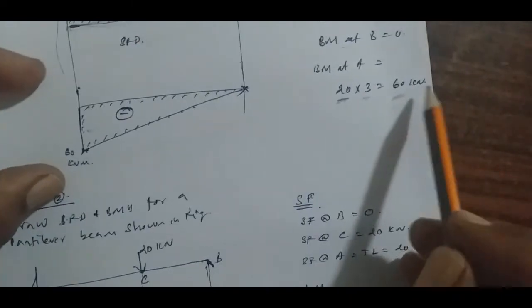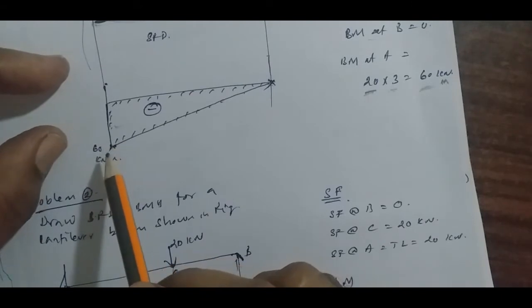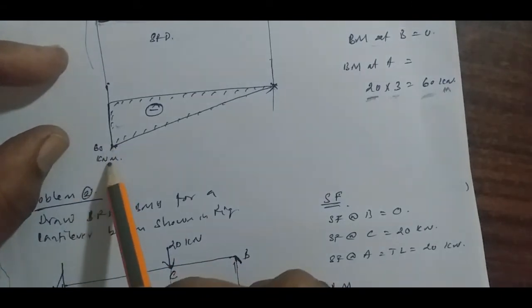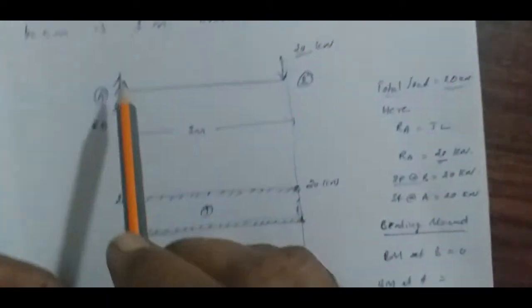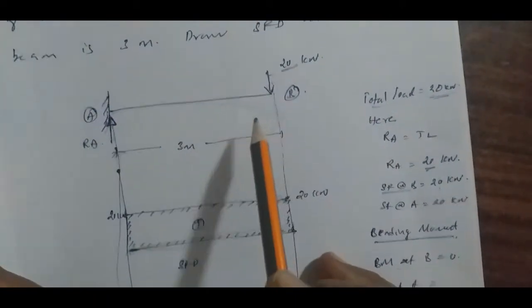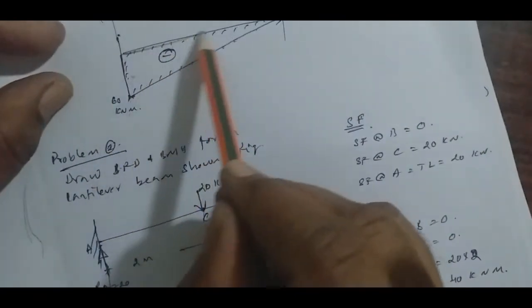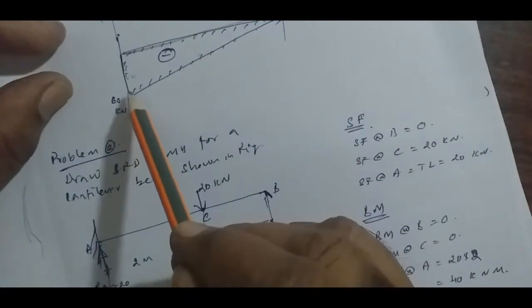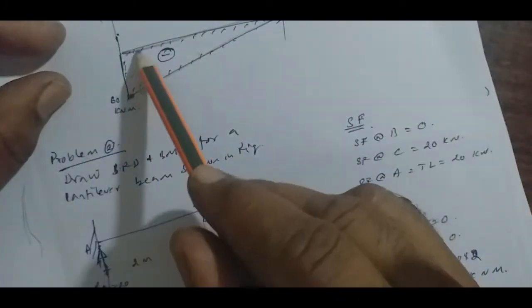So 60 kilonewton meter is the bending moment at support A. It is making convex bending, so in a cantilever beam, negative bending moment will be there. So below the baseline, mark 60 kilonewton meter here and connect this. This is the bending moment diagram for this beam.